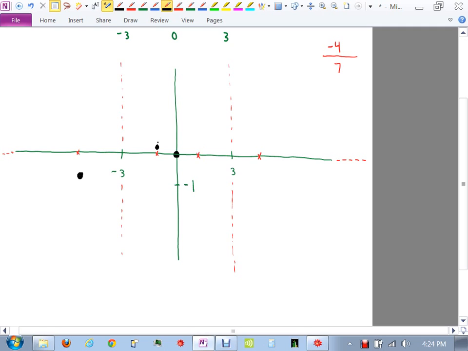What happens if you plug 1 into the function? -1/8, so now you're down here. And what would happen if you plug in 4? +4/7, right? So you'd be here.